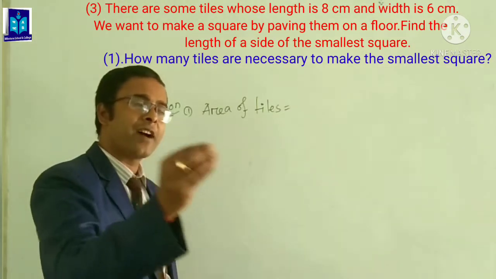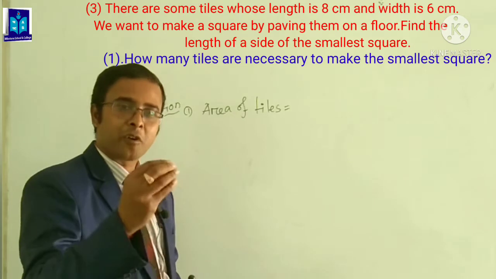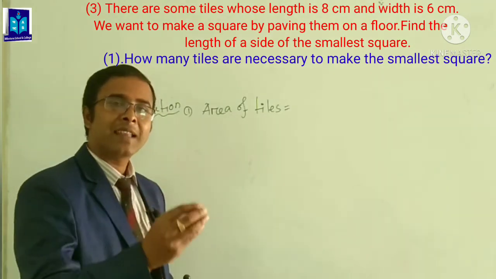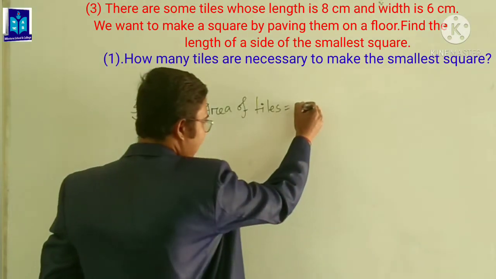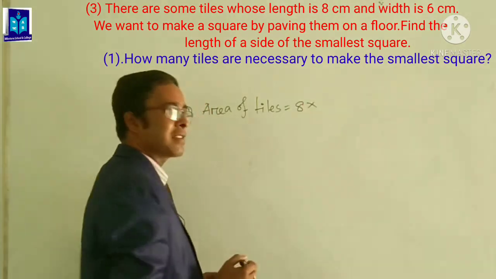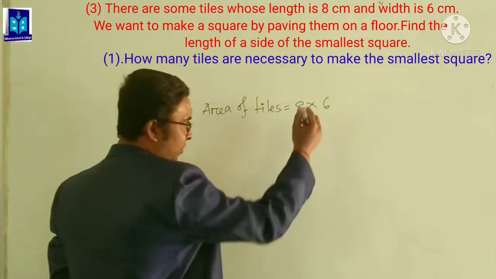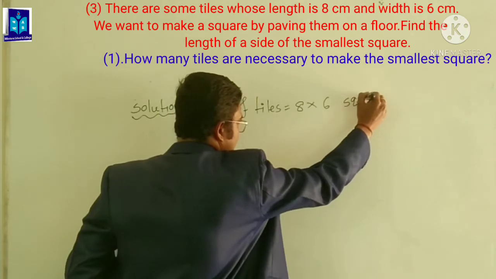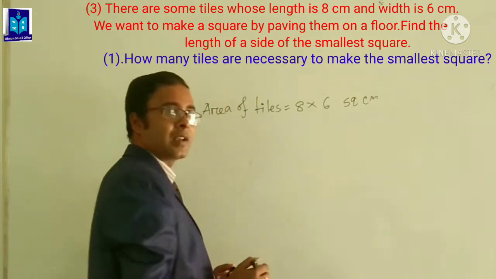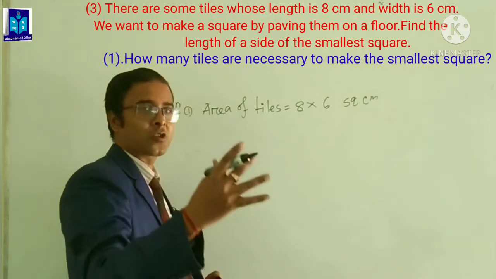So if we want to find the area of tiles, we have to use one formula. That means what? Length multiply breadth. So length is given here 8 centimeter and breadth is given 6 centimeter. So unit will be what for area? Square centimeter.